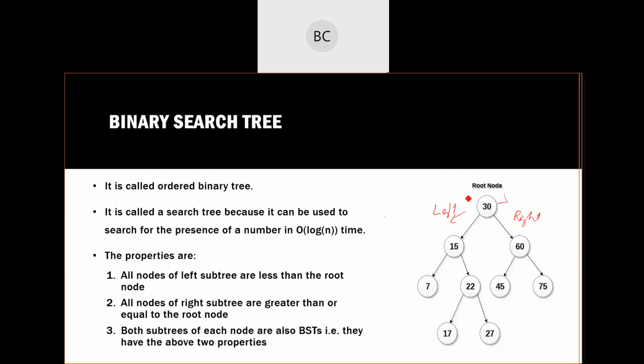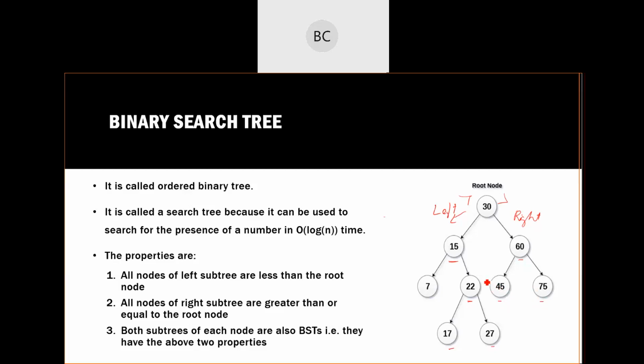Okay. So now again come to this node. See 15. The left child is 7, and 7 is less than 15. Again see 22. 22 is greater than 15. Again come to this point, 17 is less than 22 and 27 is greater than 22. In case of 60, 45 is less than 60 and 75 is greater than 60.